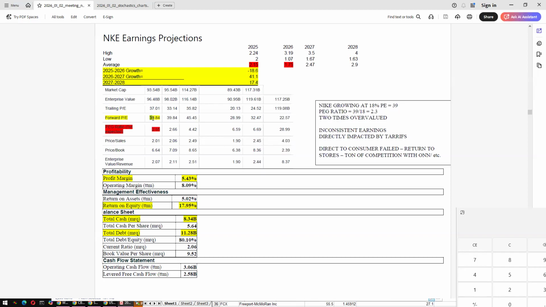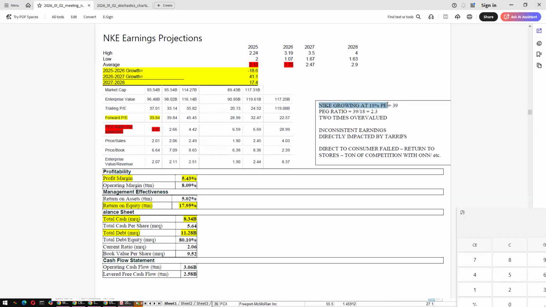You can see the PE ratio is really high, at 40. So if it's growing at 40%, that's a PEG ratio of 1. But if we add 41 and 17%, divide by 2, it's like 30.